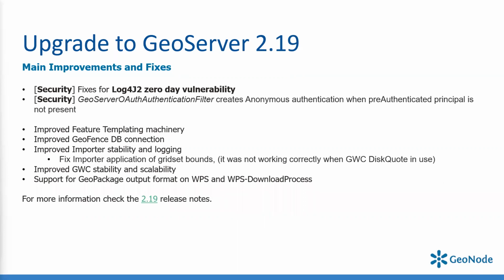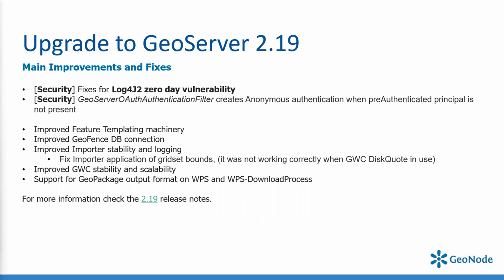One of them is the well-known fix for the log4j zero-day vulnerability, which was an exploit discovered a few weeks ago. Also, we have several security fixes for the GeoServer authentication filter.